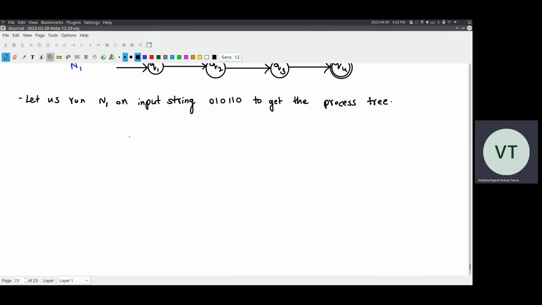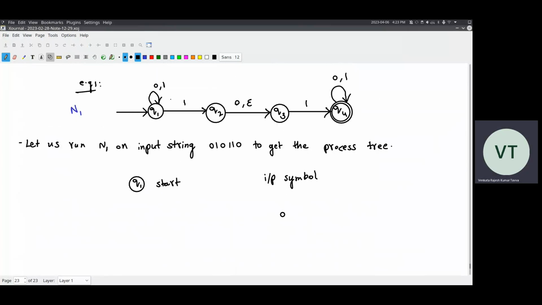Okay, so let's say Q1, this is the start state, and then we keep reading the input symbol. So first symbol is 0, right? So Q1 on 0, where does it go to?